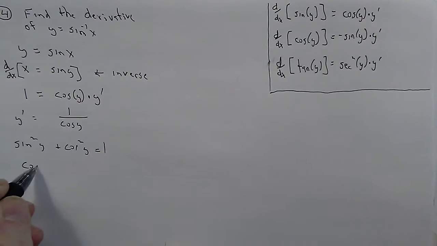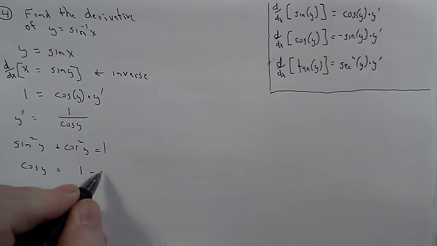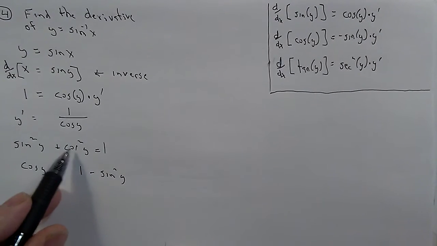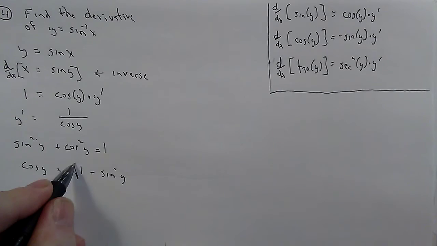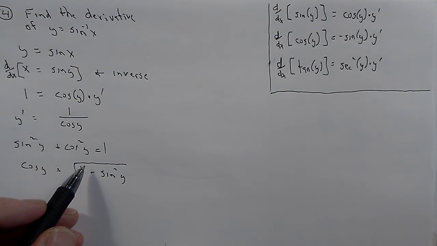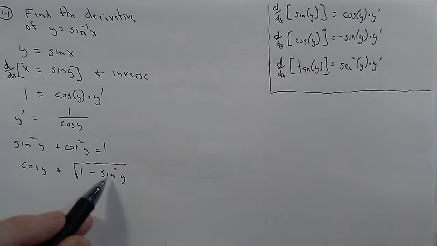All right, so cosine y, I have to subtract this from both sides. And then I need to take the square root to get to cosine. So the cosine of y equals that.